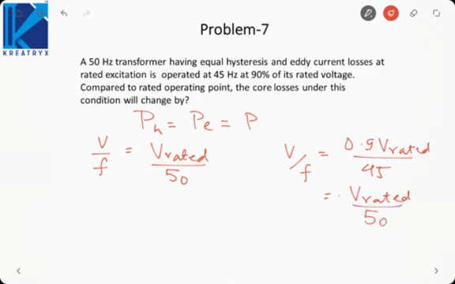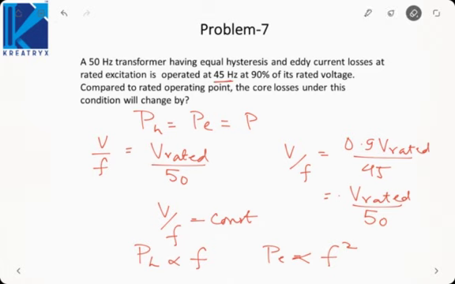That is, V by F is constant. Now we need to find how the core losses will change. We know whenever V by F is constant, hysteresis loss is proportional to frequency, eddy current loss is proportional to frequency square. Now frequency is being made 0.9 times.